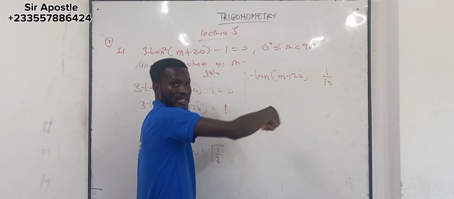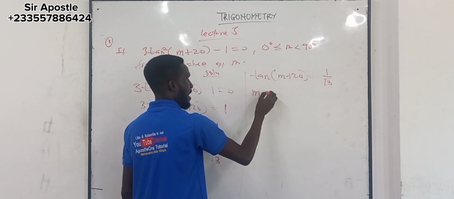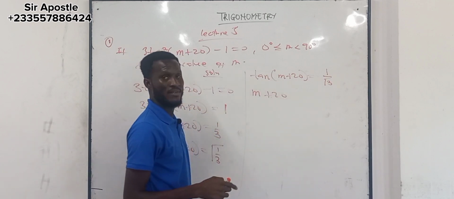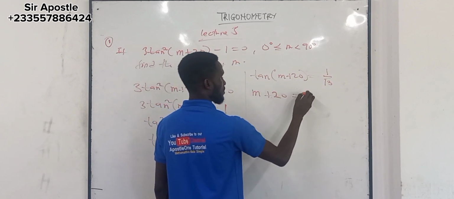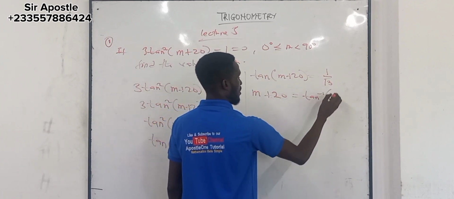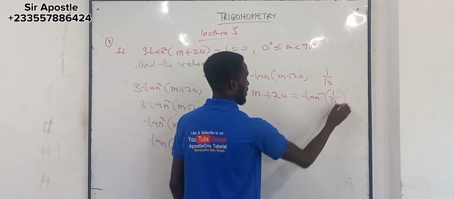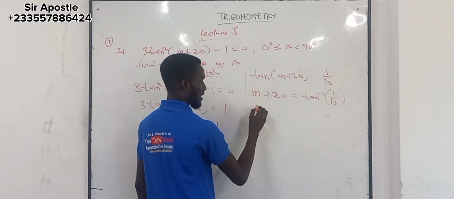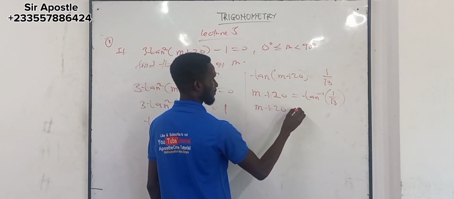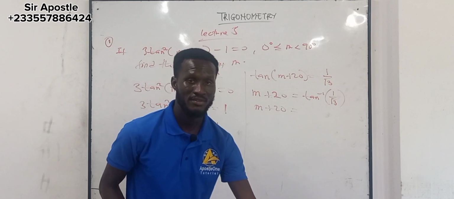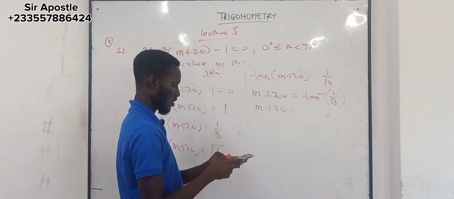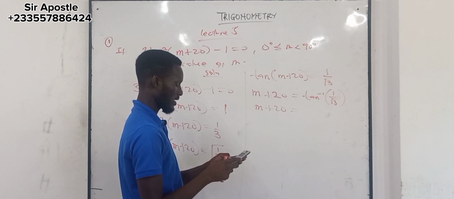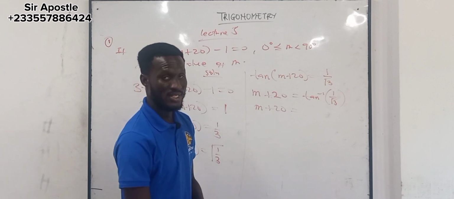So we find the tan inverse. So we have m plus 20. When you find the tan inverse, it's left with the angle, which is m plus 20, equal to tan inverse of 1 out of root 3. Then you punch this one on the calculator, tan inverse of 1 divided by root 3, and it will give an answer which is 30 degrees.